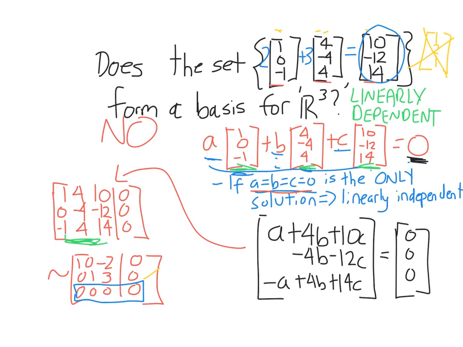Therefore, 1, 2, 1 is an example of a vector that is not in the span of these 3 vectors. And because there are some vectors not in the span, these 3 vectors do not span R3. Therefore, they do not form a basis for R3.